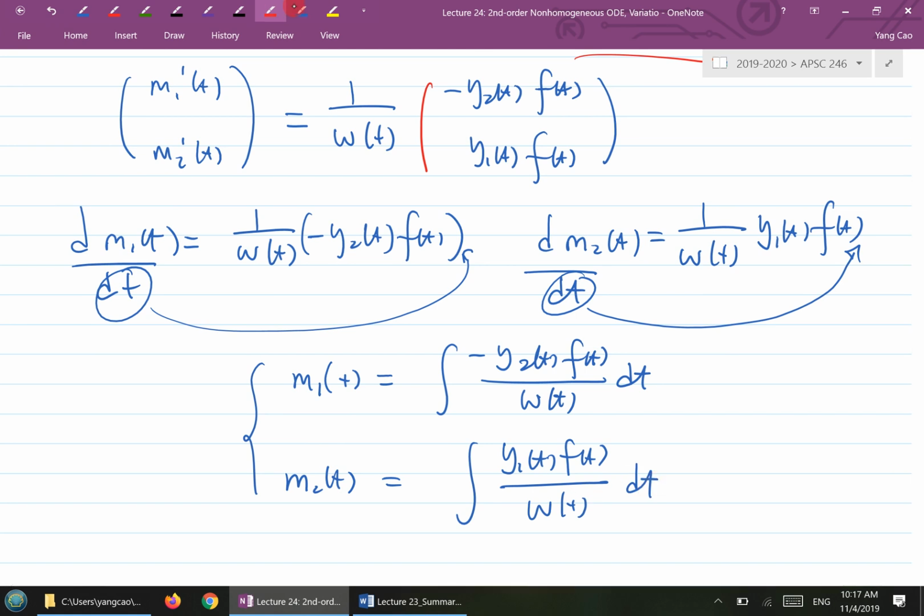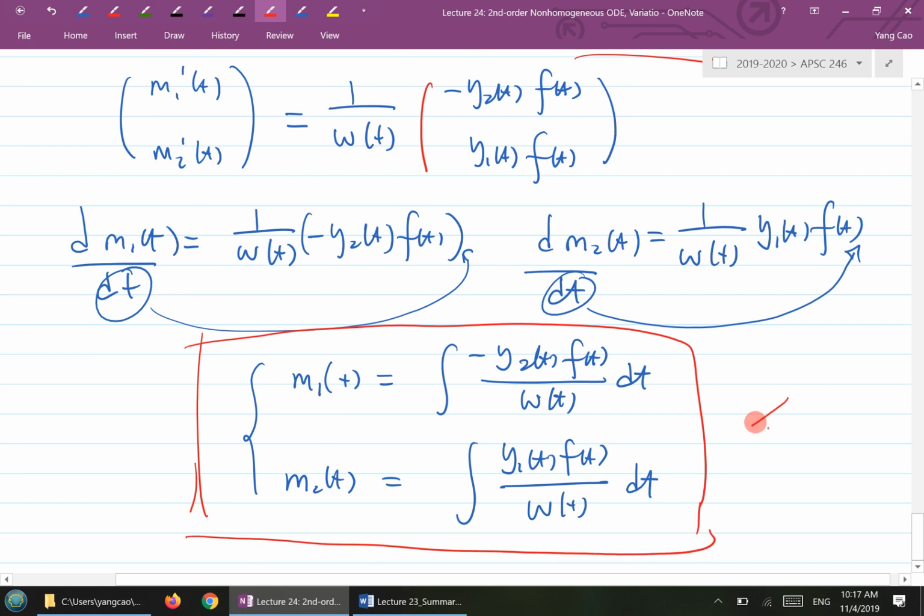After going through all these steps, these are the two formulas you will have to use when you solve, to get m1 and m2 of t.